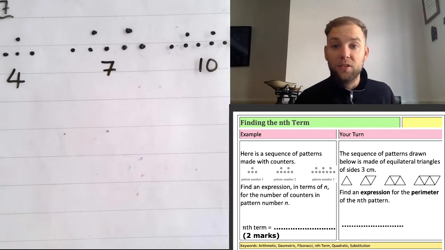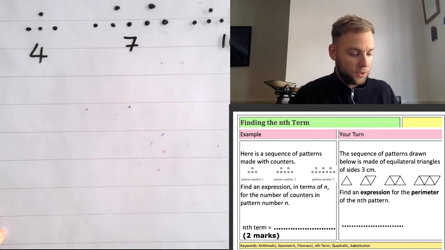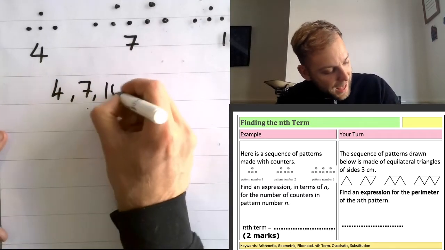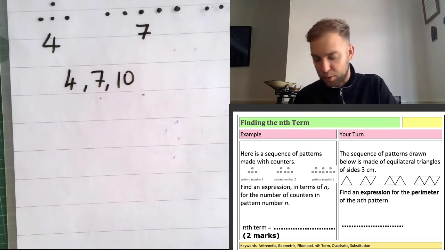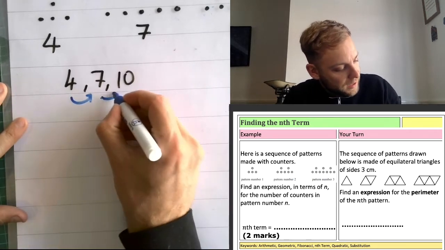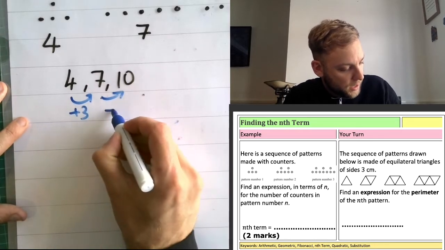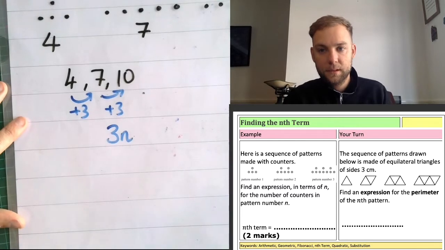So what is making this different? Well, they don't tell us what the pattern numbers are, do they? So what we've got to do is figure out what those pattern numbers are. So with this one, it was 4, 7, and 10. To find the nth term of this, it's exactly the same process, and I think you're probably completely fine with this now. So what's happening? It's increasing by 3, so plus 3, which means it's going to be 3n.